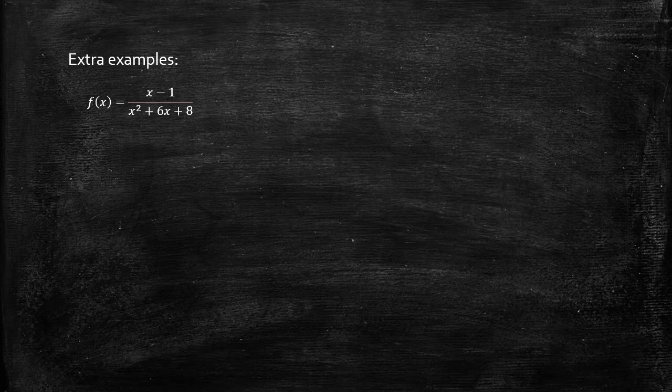Start off by factoring. So the denominator will factor to (x plus 4)(x plus 2). So the domain is everything except for -4 and -2.